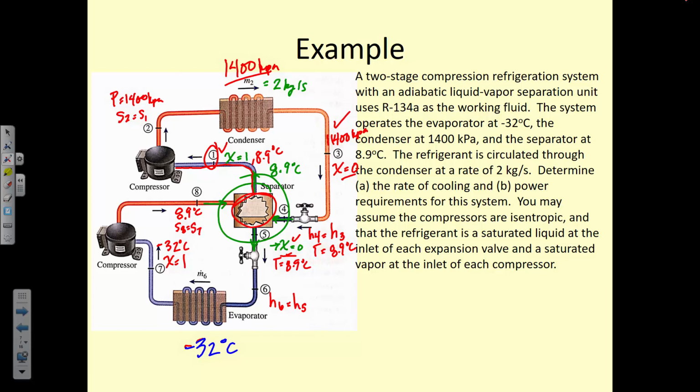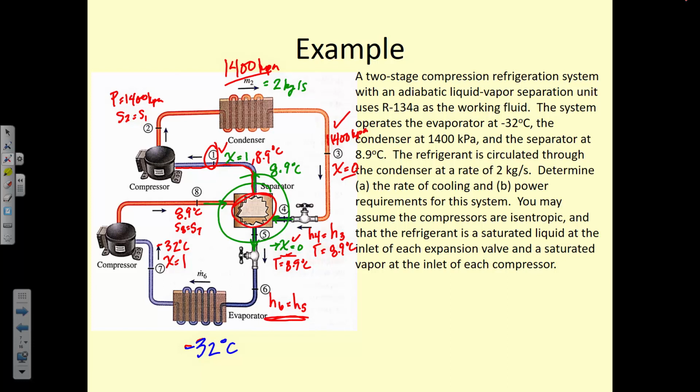Can you say that the temperature at 6 is negative 32 degrees Celsius or only at 7? You can only say that it's 7. Probably best to just say it at 7. It's likely to be a constant temperature process. So probably 6 and 7 in this problem are the same temperature. Yeah, but this isn't necessarily going to be a saturated liquid vapor mixture.